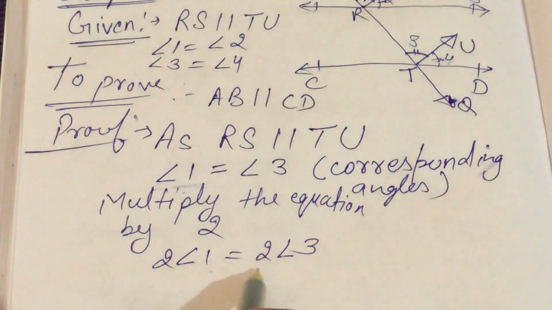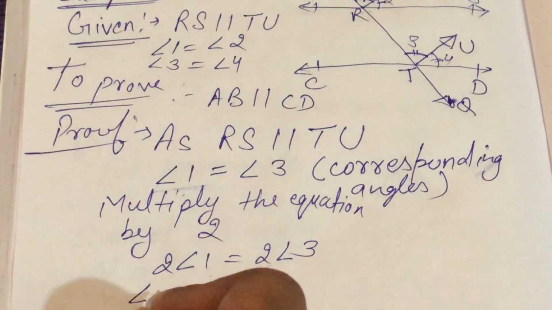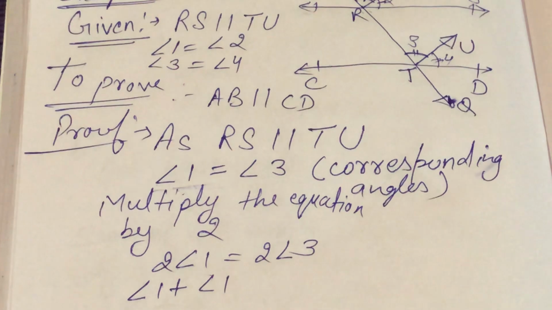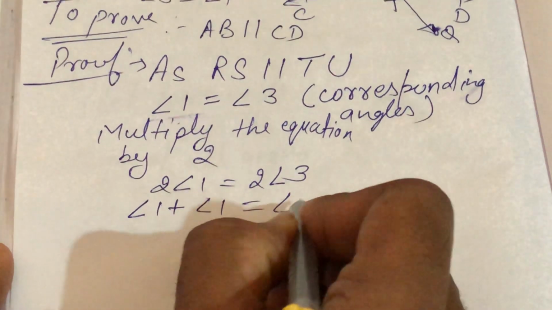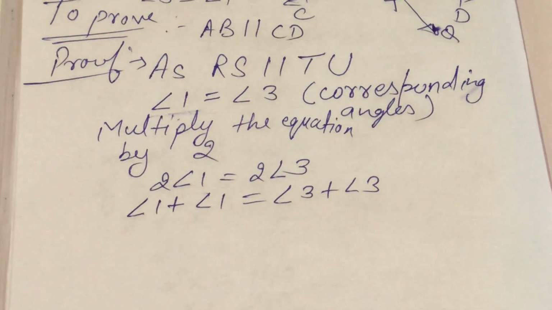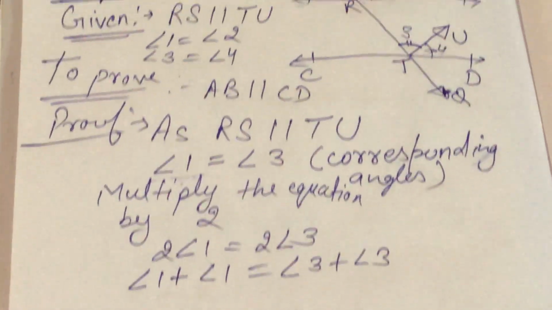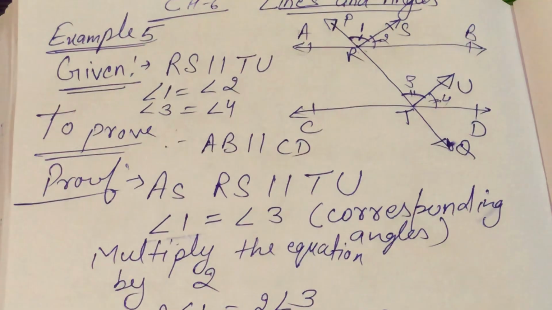What benefit will we get from here? 2 times angle 1, I can write as angle 1 plus angle 1, and 2 times angle 3, I can write as angle 3 plus angle 3. Now go above and check: angle 1 equals angle 2 and angle 3 equals angle 4. Look carefully: angle 1 is equal to angle 2, so in place of this 1 that I am highlighting, I can write angle 2, and in place of this 3, I can write 4, because angle 3 is equal to angle 4.